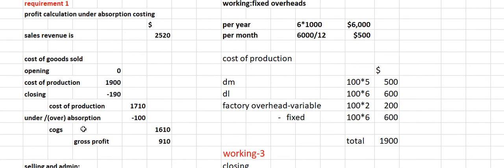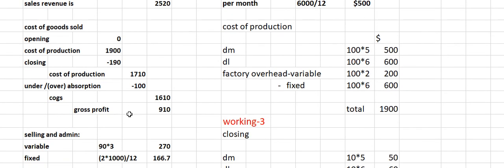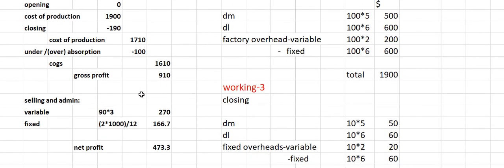So we have to deduct the cost of goods sold from sales revenue to get gross profit. So the total gross profit is 910. Then selling and admin variable portion is 90 units sold into $3 per unit, so total 270. And fixed selling and admin is $2 per unit into total capacity of 1000, so in a year the total fixed cost is 2000.